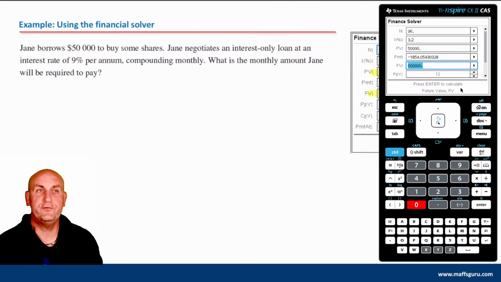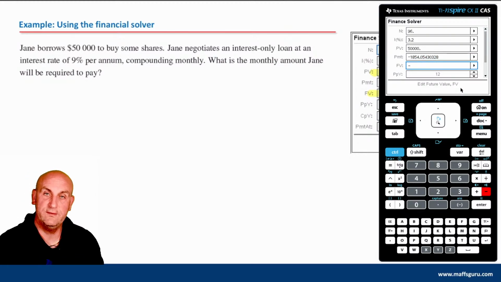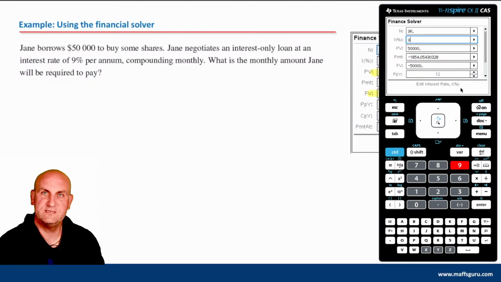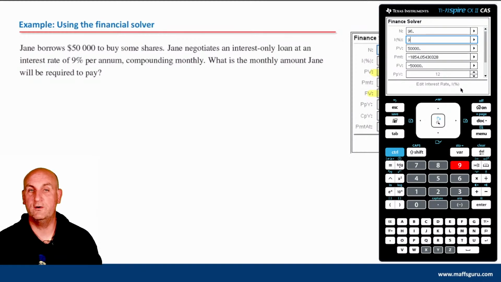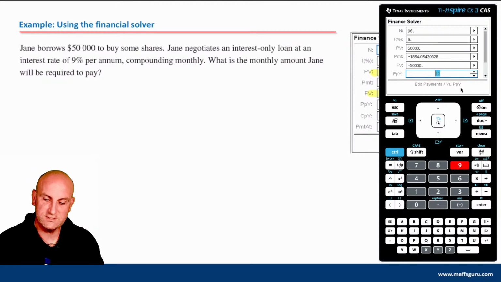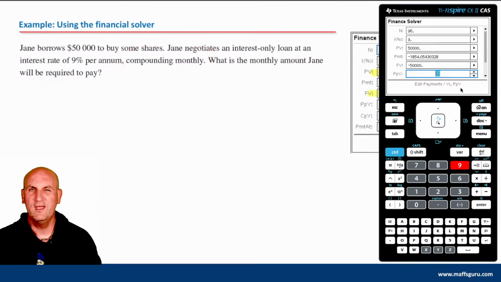Because it is an interest-only loan, my future value and my principal value are the same. So minus 50, 1, 2, 3. What is my interest rate? 9% per annum. I don't need to divide it by 12 because the CAS does it all. My payments per year and my compounds per year are 12. Why? Because the question tells me so. It's compounding monthly. What is my PMT? Well, that's what we're about to try and find out.